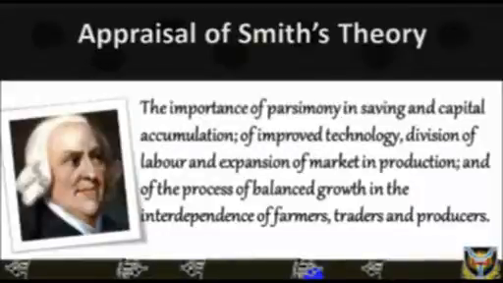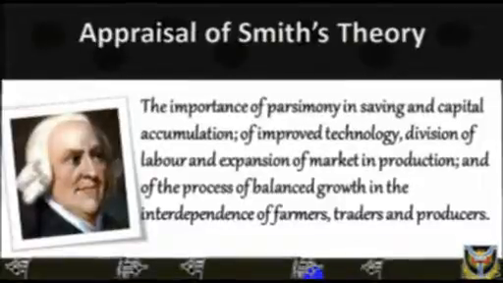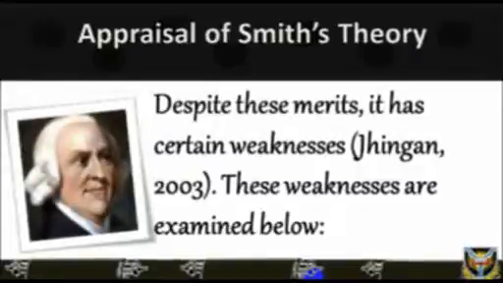In particular, he pointed out the importance of parsimony in saving and capital accumulation, of improved technology, division of labor, and expansion of market in production, and of the process of balanced growth in the interdependence of farmers, traders, and producers. Despite these merits, it has certain weaknesses.